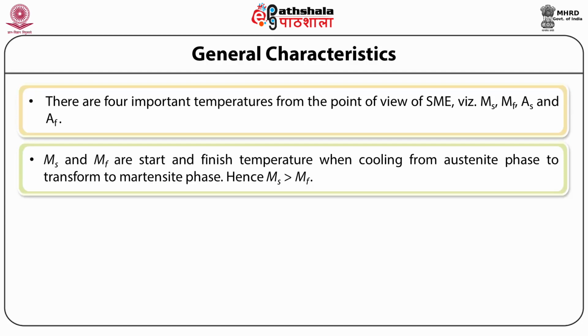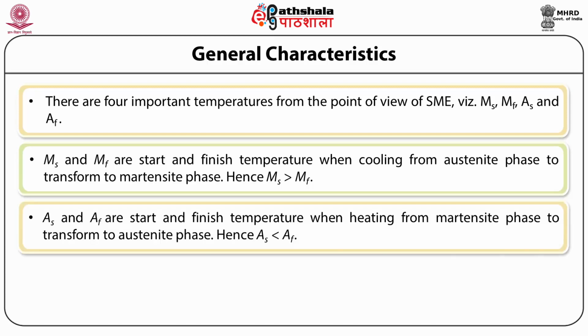Hence, MS is always greater than MF. Here, AS and AF are the start and finish temperatures when heating from the martensite phase to transform to the austenite phase.